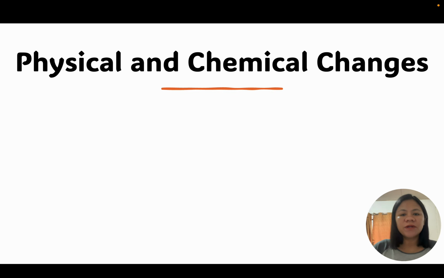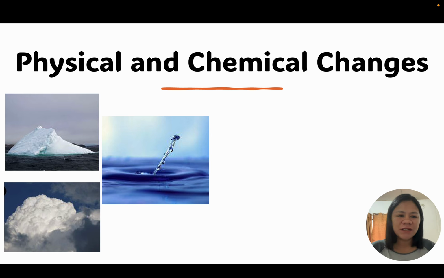To further understand the difference between chemical reaction and physical reaction, let's differentiate physical and chemical changes. Changes in energy are always accompanied by a particular chemical change or physical change. An example of physical change is water, which has different states: solid, liquid, and gas.